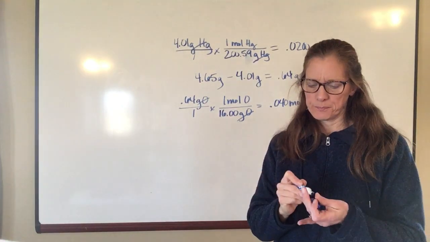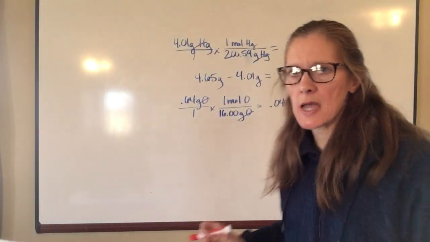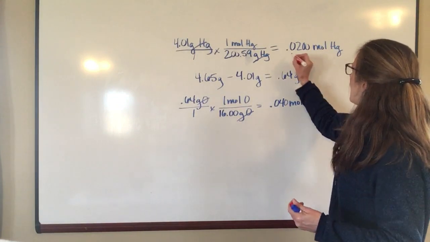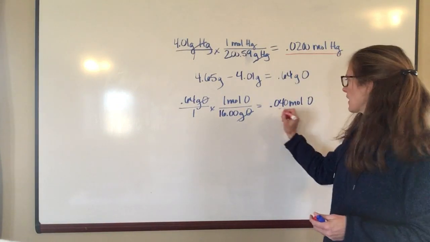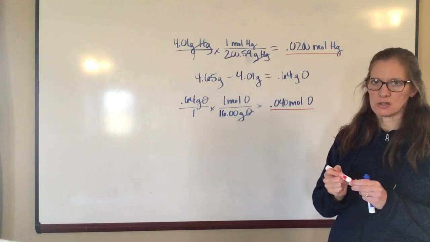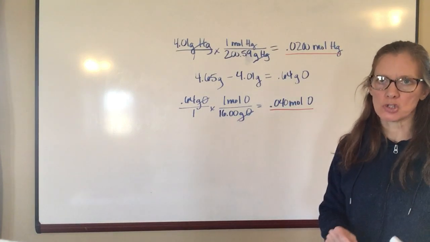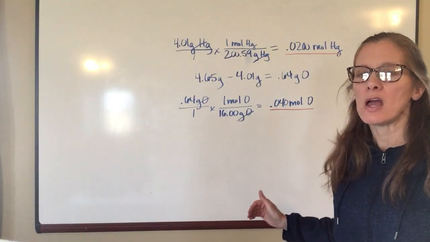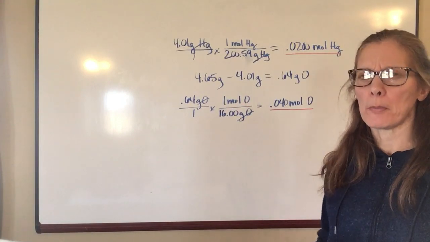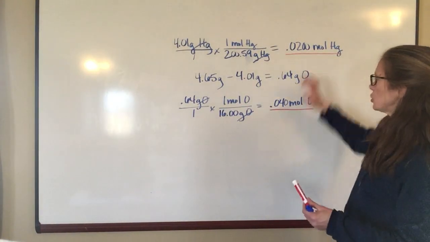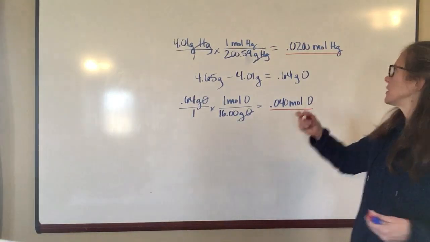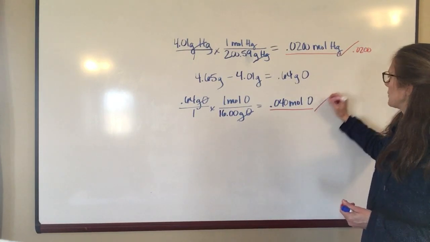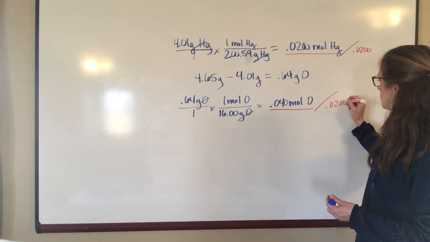Okay, now, we're going to see this technique used throughout a whole lot of the rest of the problems in the rest of the chapter. I have this many moles of mercury, and I have this many moles of oxygen. I want the simplest whole number ratio, so the easiest thing to do is going to be to take the smallest number that I have and divide that through all of my moles. So 0.02 is smaller than 0.04, so I'm going to divide this by 0.0200, and I'm going to divide this one by 0.0200.